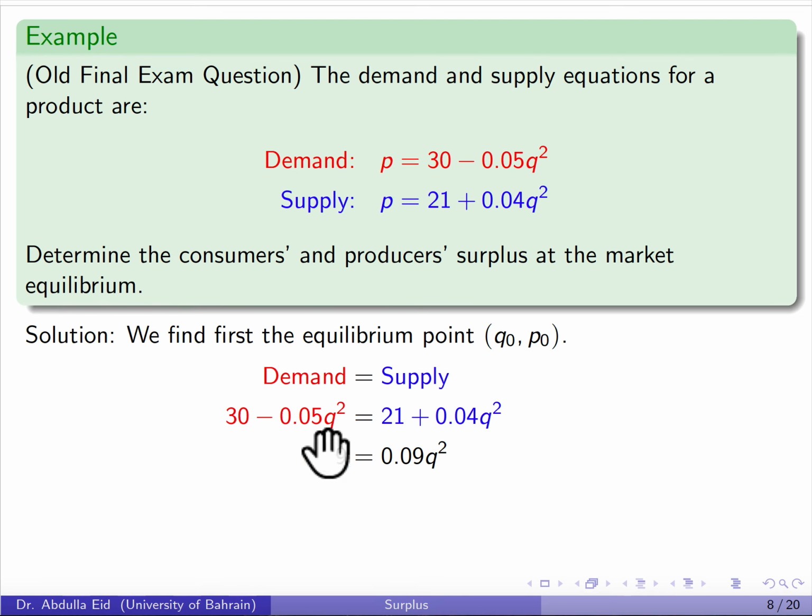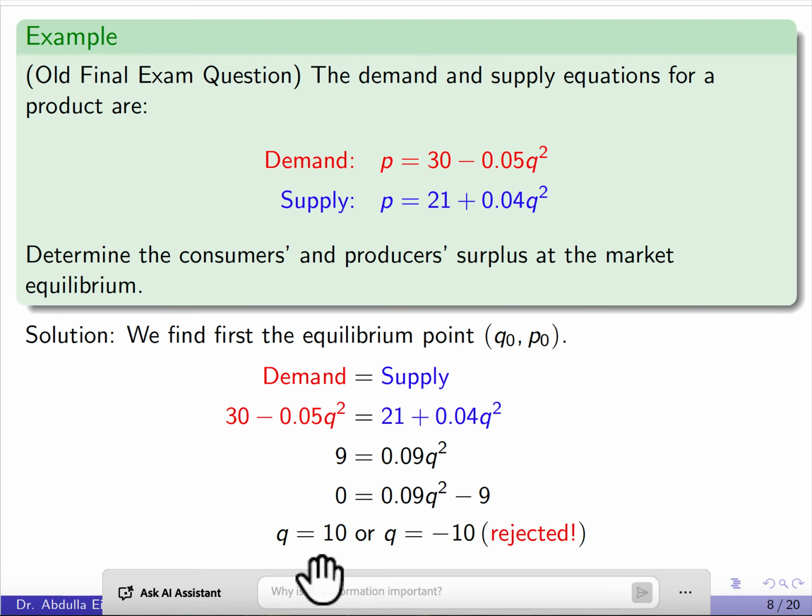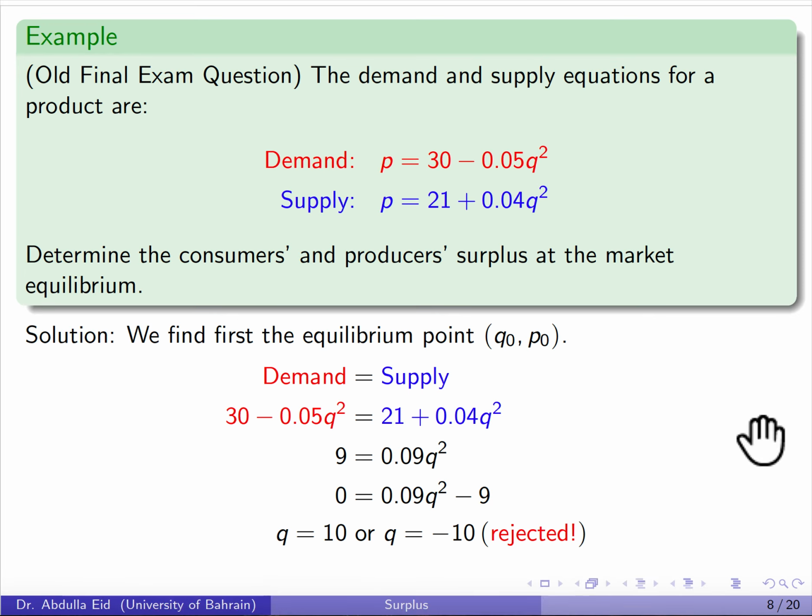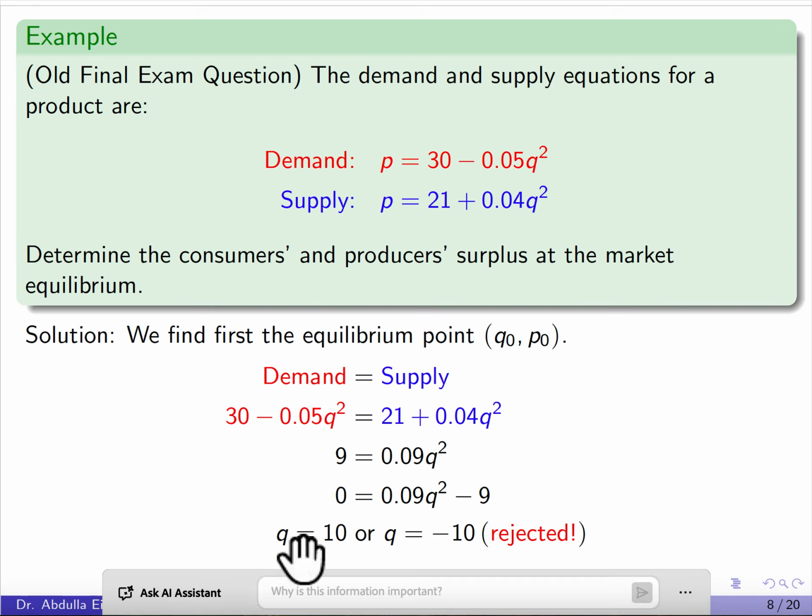And taking 0.05 with 0.04, we get 0.09. If we solve this quadratic equation using mod 5 or the quadratic formula, we get two answers. One of them is 10, that's fine. The other one, negative 10, is rejected because I cannot have a negative quantity. So the only answer is q equal to 10.